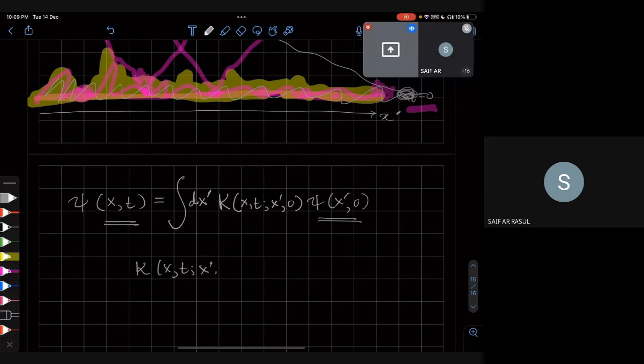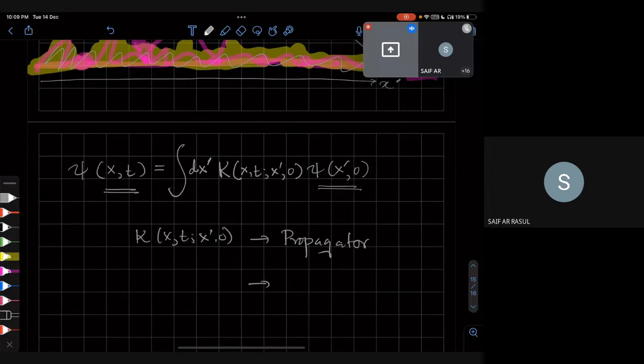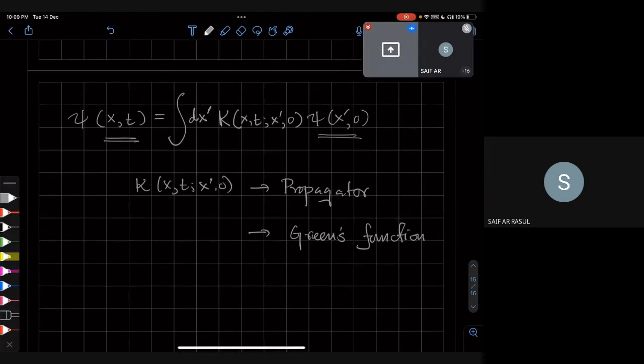In physics, this is called a propagator. Okay? In mathematics, it's called a Green's function. And what it actually is, in disguise, k is the time evolution operator in disguise.